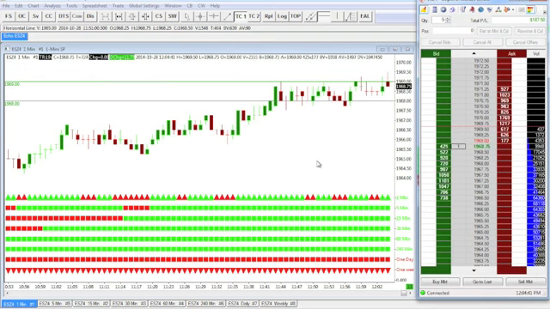All right, so if we get a red candle here, but the indicator stays green, we will be willing to take another buy position there. Let's see what happens here in the next 10 seconds. Wait for that post.